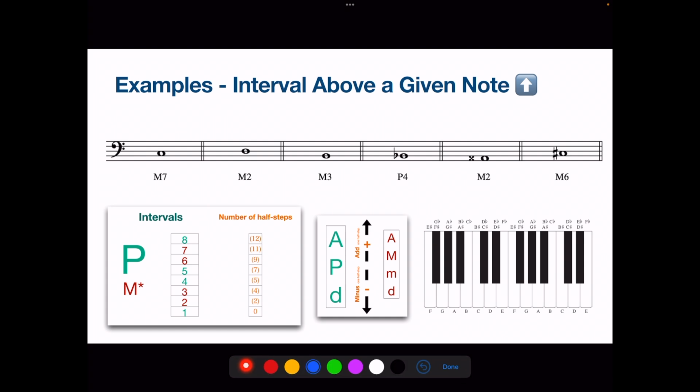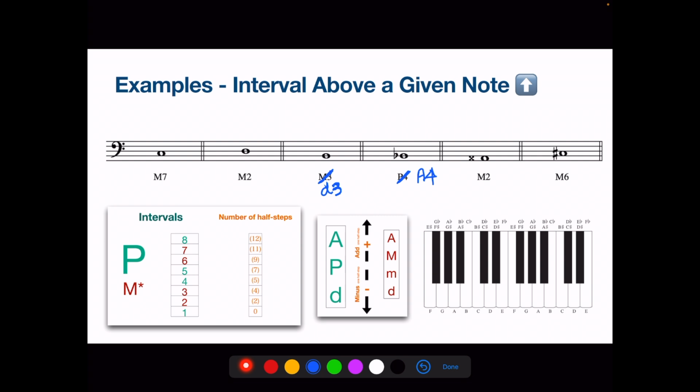All right, coming back, instead of a major third, let's do a diminished third. And then instead of a perfect fourth, let's do an augmented fourth. And let's see if that works.